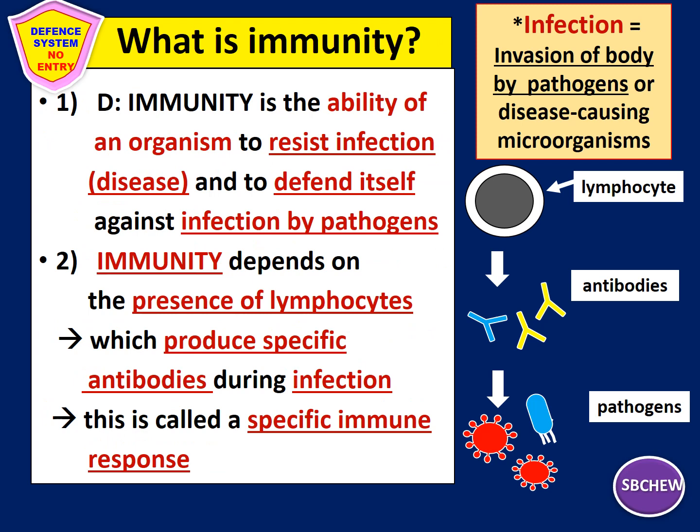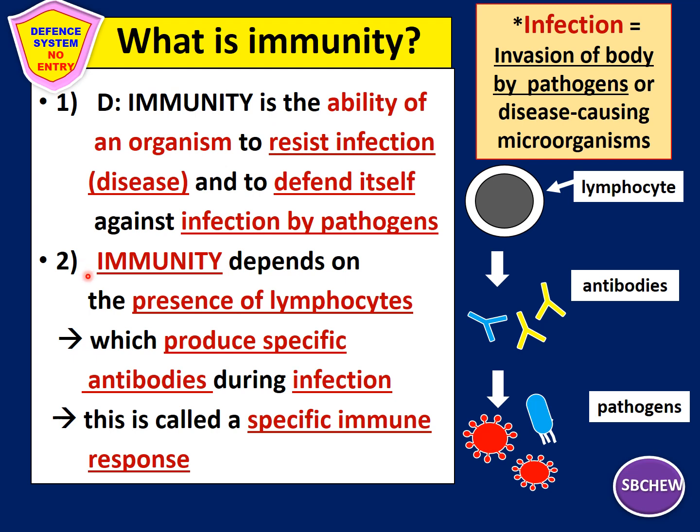Let's revise this again. What is immunity? Immunity is the ability of an organism, of a human being, for example, to resist infection or disease. And that's by defending itself against infection by pathogens. For example, when pathogens enter the body, what do our lymphocytes do? And whether they can overcome the infection.